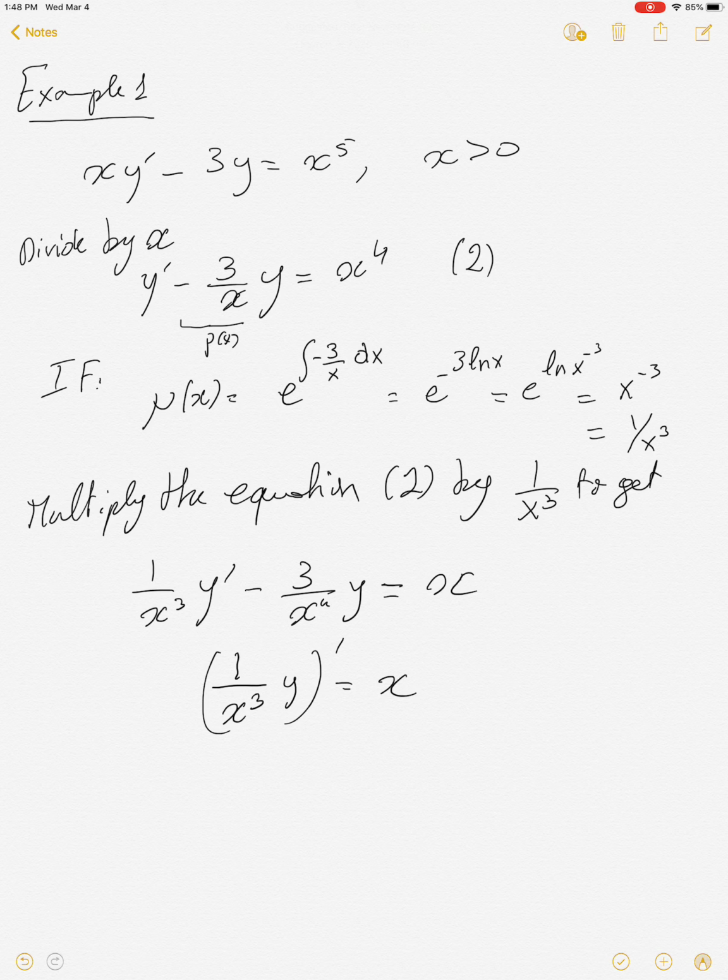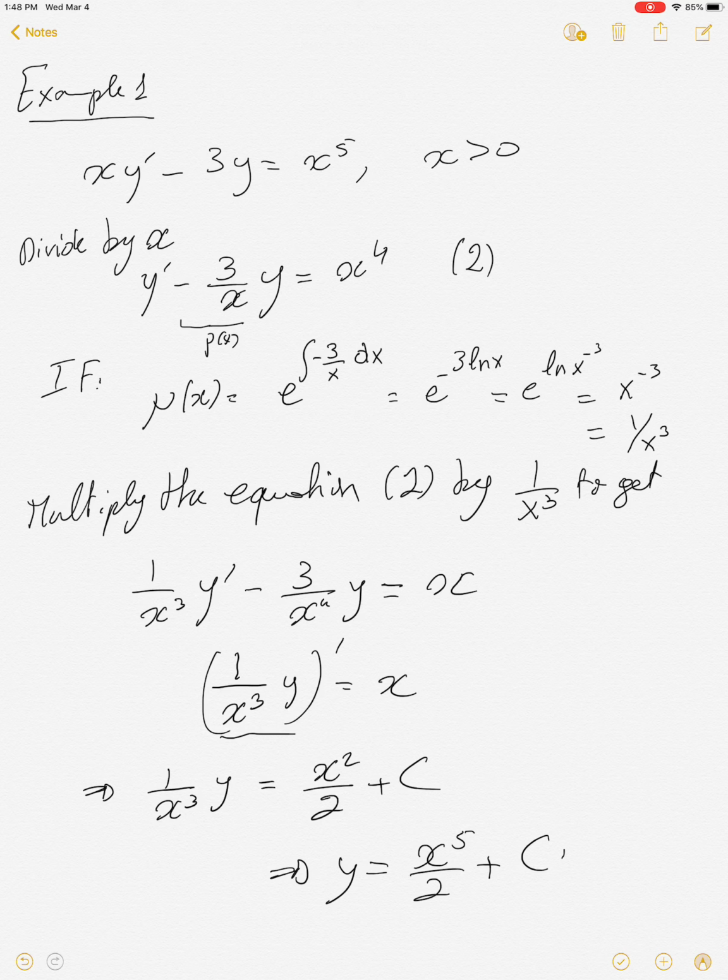And now I have a function, here (1/x^3) y, whose derivative is x. Integrating, I get (1/x^3) y equal to the antiderivative of x, which is x^2/2, plus a constant, and this implies that y = x^5/2 + c x^3. And that's my solution to the original ODE.